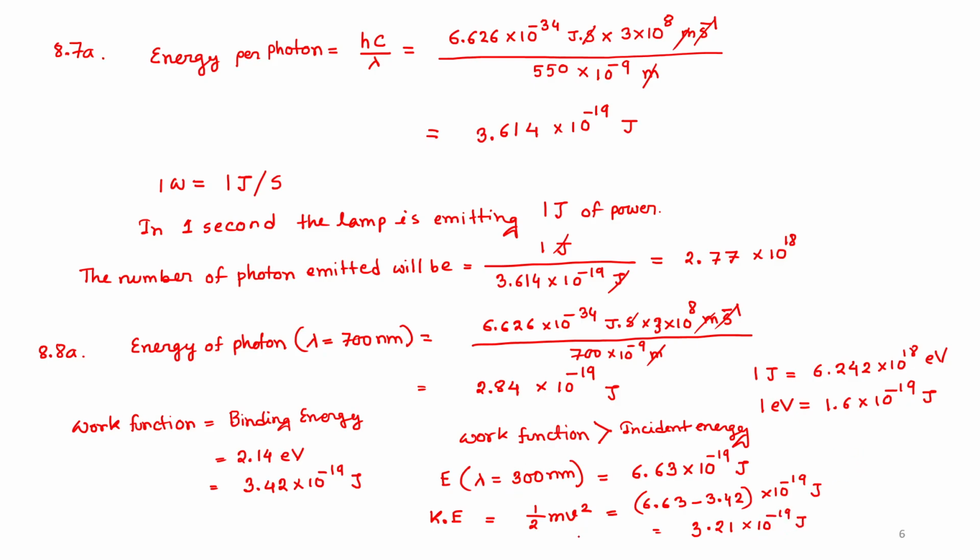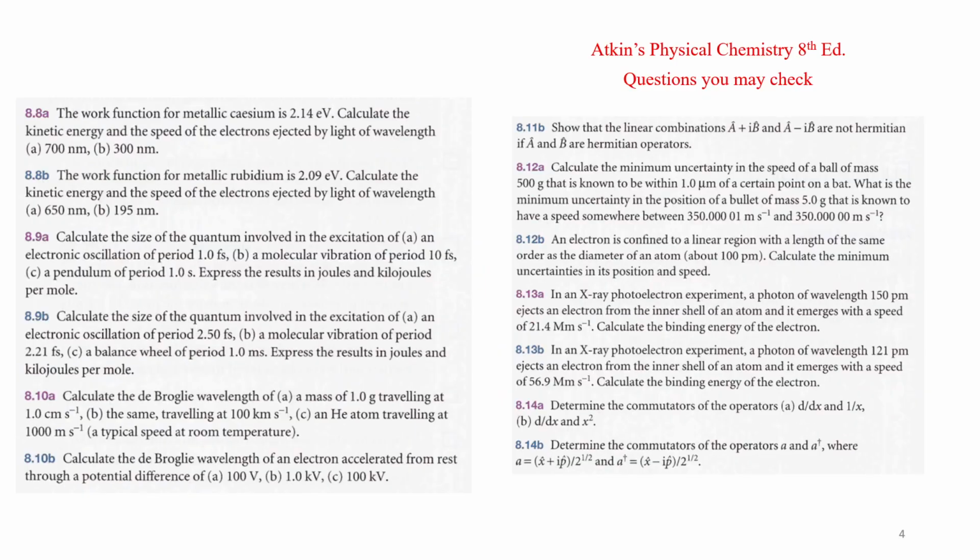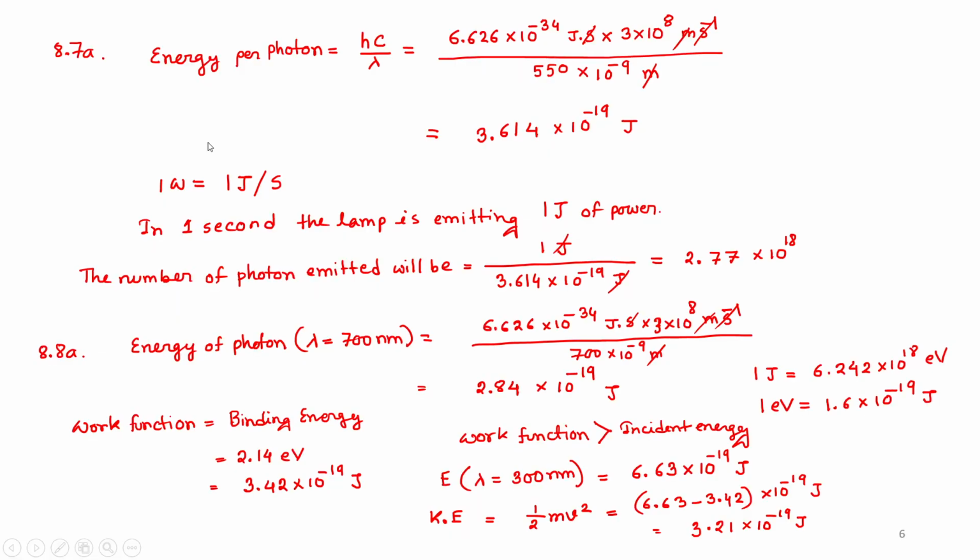We need to calculate the kinetic energy and speed, so this is the first part. So this is the kinetic energy, 3.21 into 10 to the power minus 19 joules. Yes, 3.21, correct.